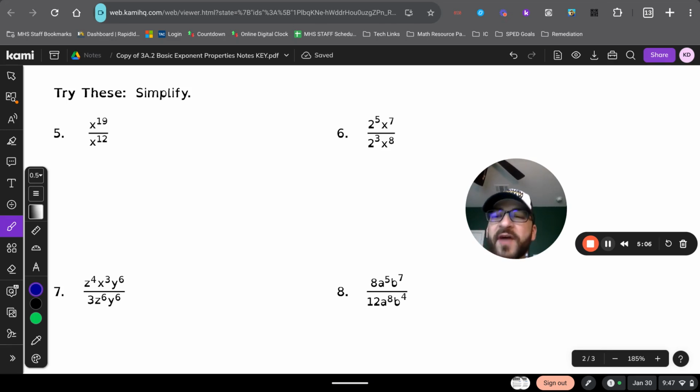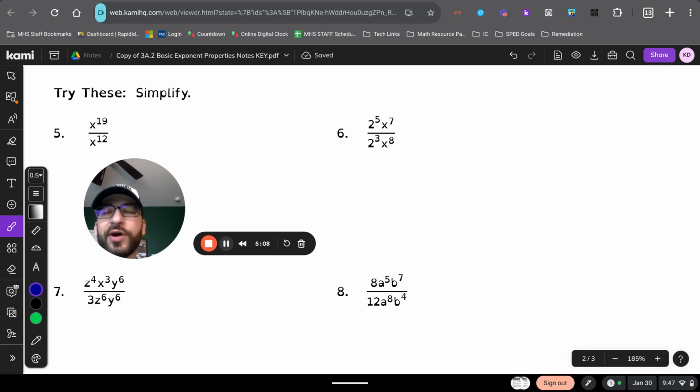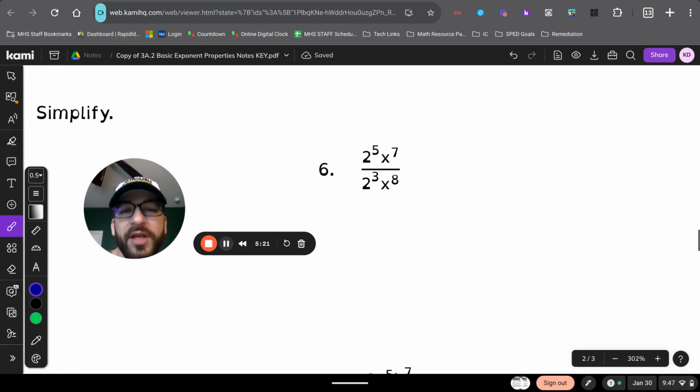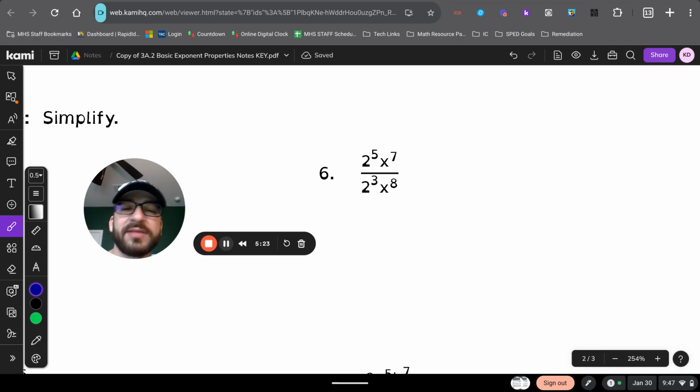I'm going to skip number 5 for a second because I think it's going to be a little hard to show our expansion of this. But let's look at number 6. We have 2 to the 5th, x to the 7th, over 2 to the 3rd, x to the 8th. Hopefully right away you notice that we're dividing this time instead of multiplying. But just like we did before with our products, I'm going to expand this one out.